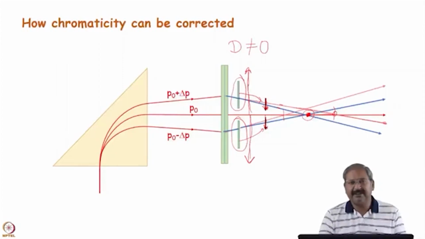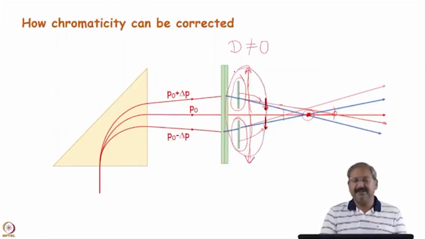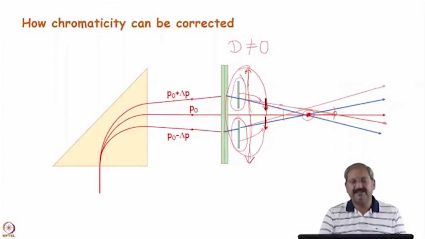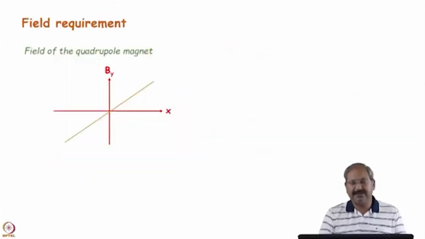So for correcting the chromaticity, we need some dispersion, and at the location where dispersion is non-zero, this kind of optics has to be inserted. Now how can this optics be realized? Means one side is focusing and the other side is defocusing, or you can say that on both sides the kick is in the same direction.